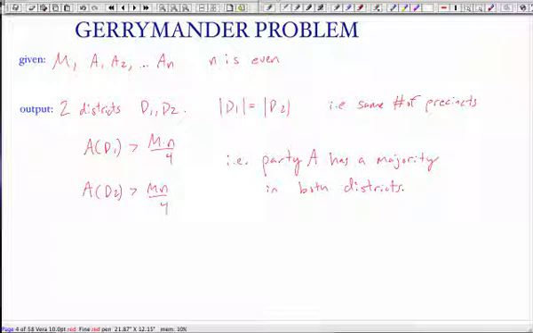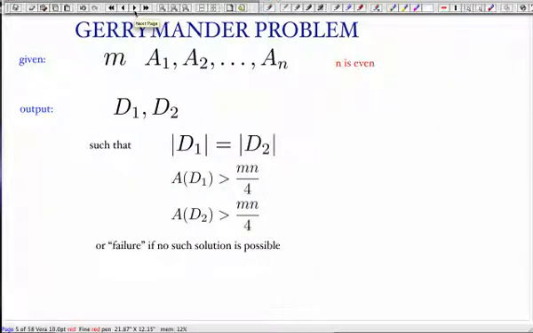And that majority condition is represented by this numerical inequality, i.e., the total number of people divided by 4. Since half of the precincts are in the district, and half of the people in that district will vote for A, at least half. Okay? And of course, if no such solution is possible, we output that our job as political operative is a total failure.